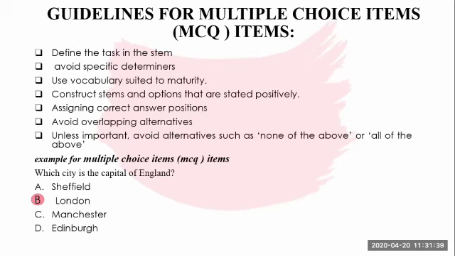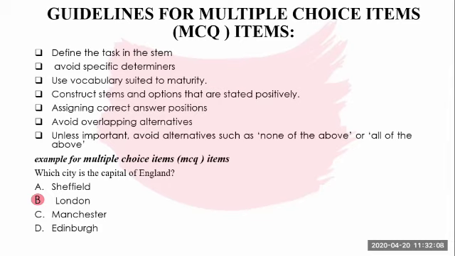Next, guidelines for multiple choice item or MCQ item. First is define the task in the stem. The stem will present a clearly described task so that the student can then get to work on figuring out which of the item's options is best.